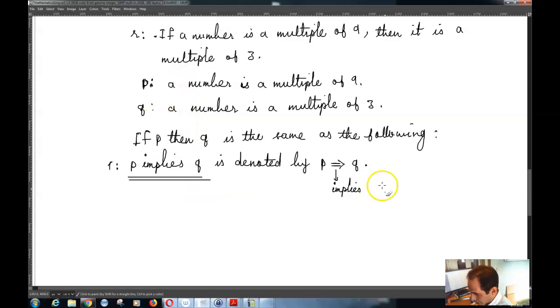But we will understand what this means later. So then P implies Q says basically that a number is a multiple of 9.